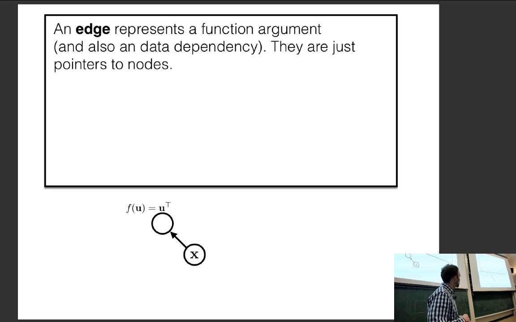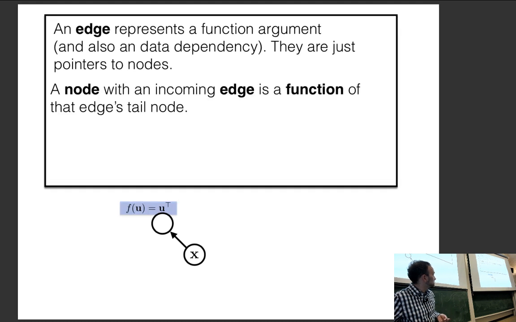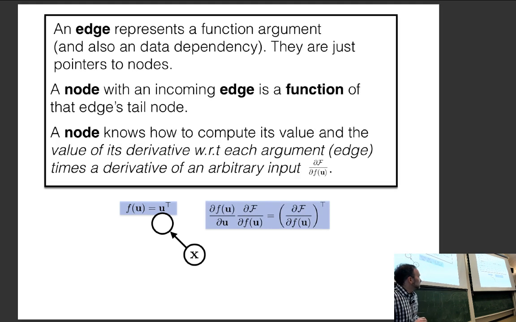The node in this case represents a function application, and the edge represents a function argument. So a node with an incoming edge is a function of that edge's tail node. If it's a unary operation, such as transpose, it will have a single incoming edge. If it's a binary operation, it will have 2 edges, and I'll give some examples here.